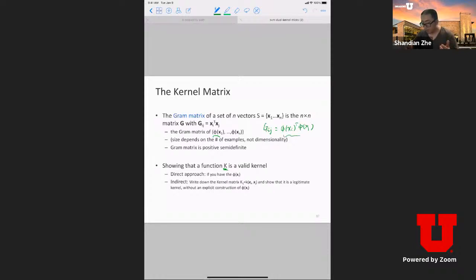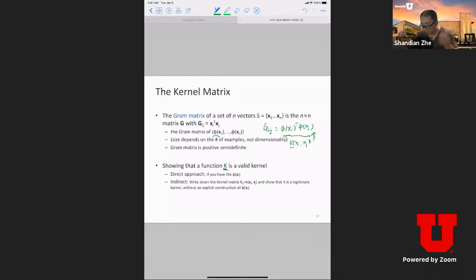If your k function is a valid kernel, then k(xi, xj) will be the same as this explicit feature mapping and dot product. So if we use k to calculate the matrix, it must always be positive semi-definite as well.